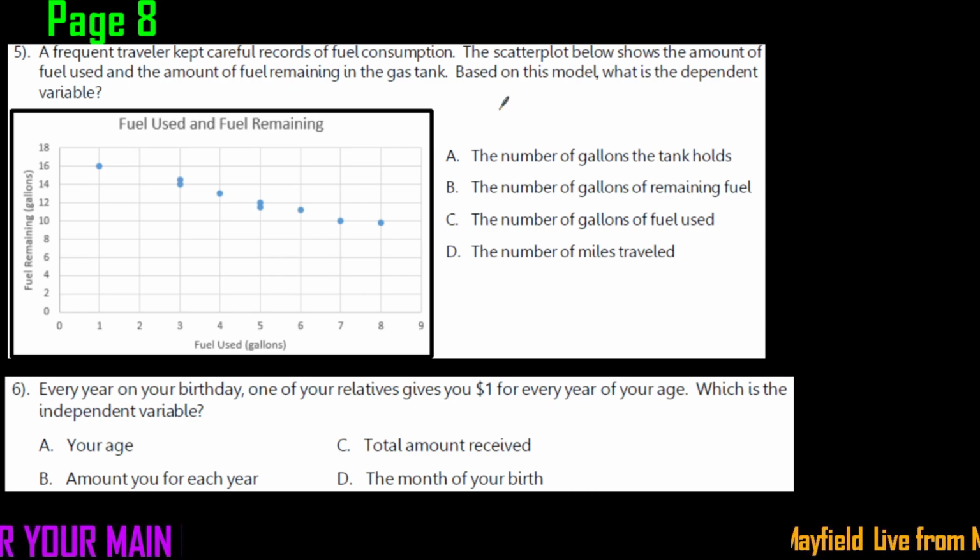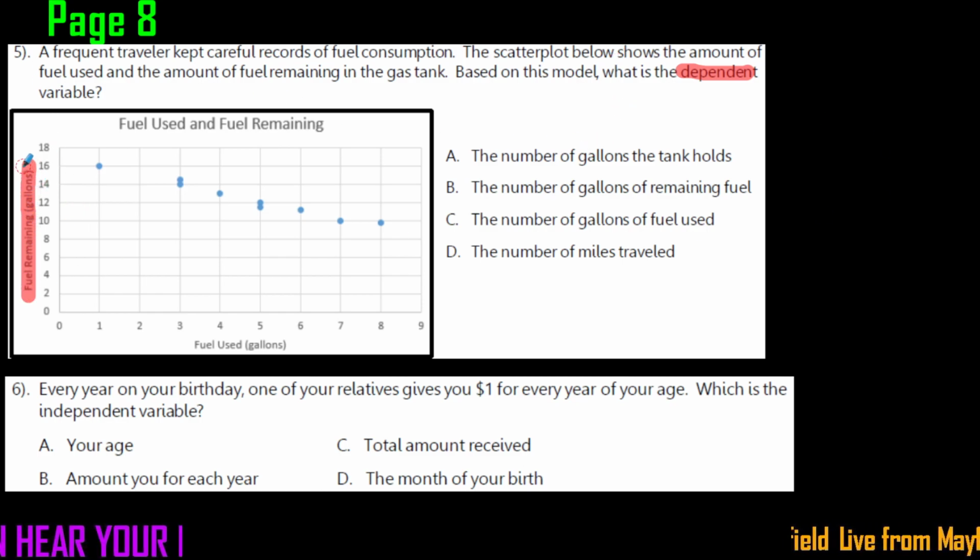And so anytime you're working with these, just read carefully, take your time, take a deep breath, relax. You want to make sure you can see what is our dependent variable, meaning what depends on the other. So let me highlight it like this, and we're looking for that dependent variable. Usually that's going to be our y values.